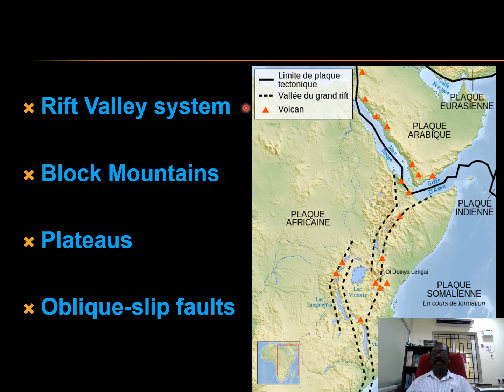Oblique slip fault: a fault which has a component of dip slip and a component of strike slip is termed an oblique slip fault. Nearly all faults have some component of both dip slip and strike slip. Many disasters like earthquakes are caused due to the oblique slip.